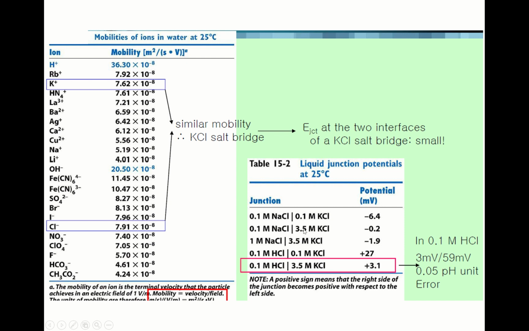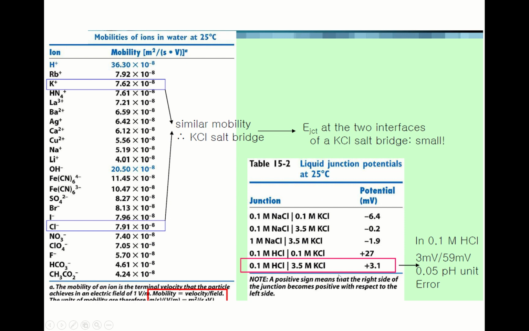But let's look at the fourth case, the HCl and KCl junction. Since the proton ion mobility is quite high, there is a rather big junction potential difference.